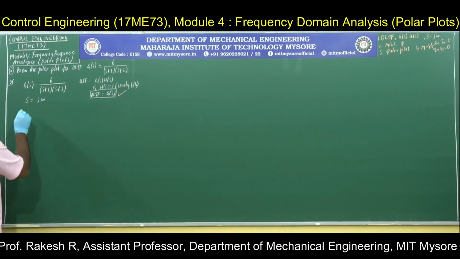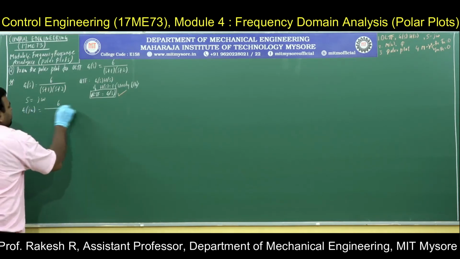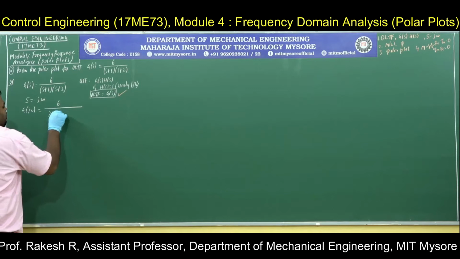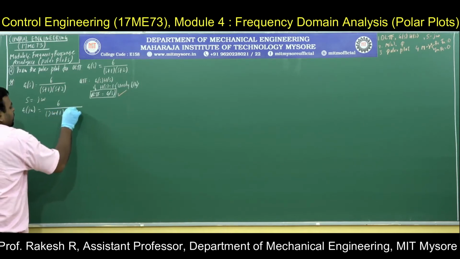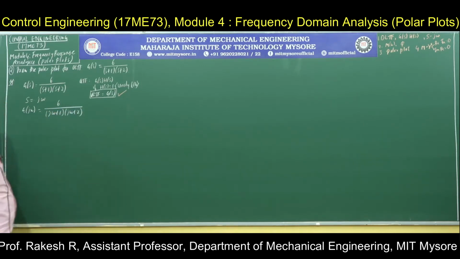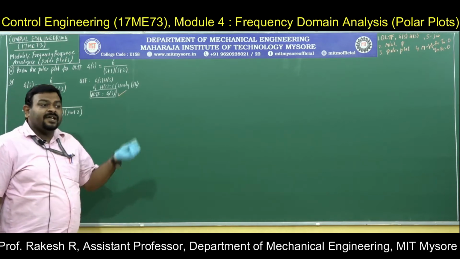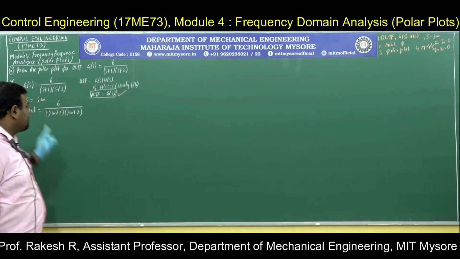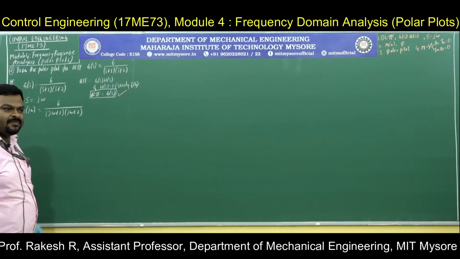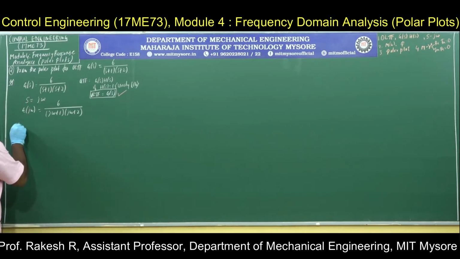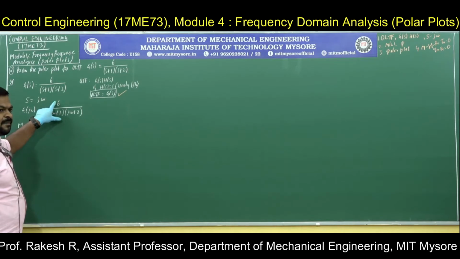After that, G(j omega) is equal to 6 / ((j omega + 1)(j omega + 2)). So this is the frequency response function in terms of omega. After that, we need to calculate the magnitude. For the numerator, the real part is 6 and the imaginary part is 0.